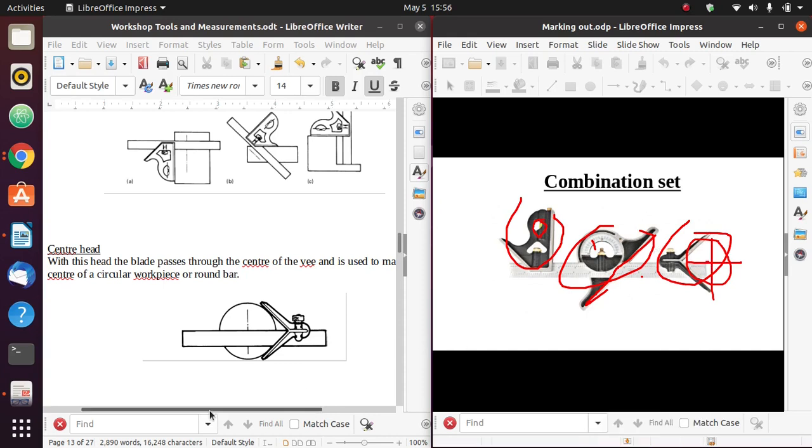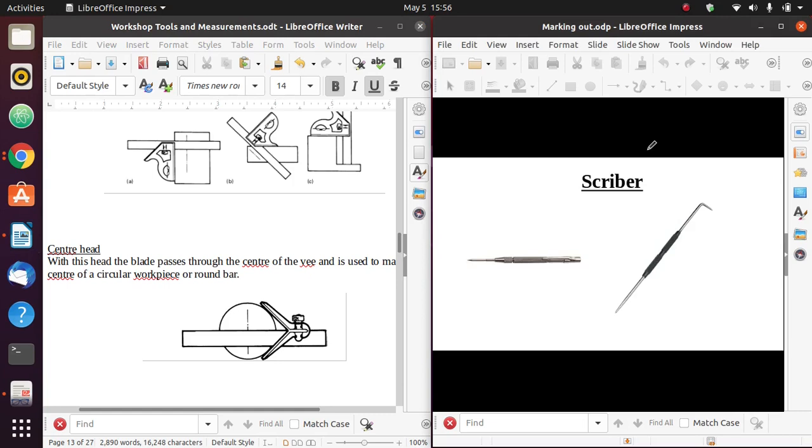I can mark the center line of that workpiece, if it is cylindrical in nature, or if it is a round bar. So that is what we call a combination set. It incorporates the uses of an engineer square, a protractor, and a spirit level.